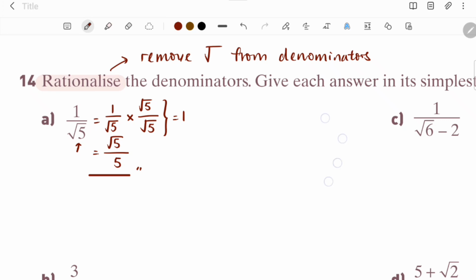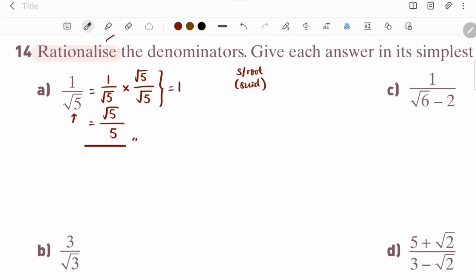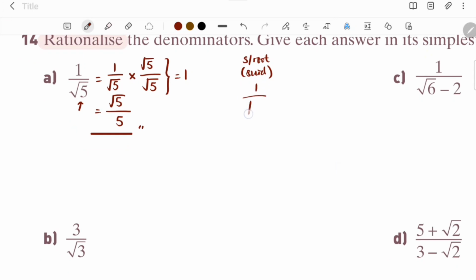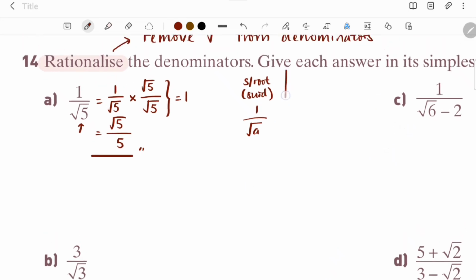So this one you know, 1 over square root of a, you can use surd a over surd a.